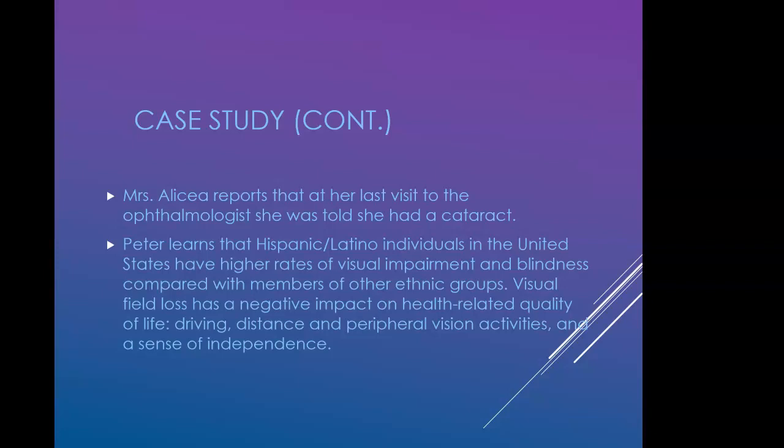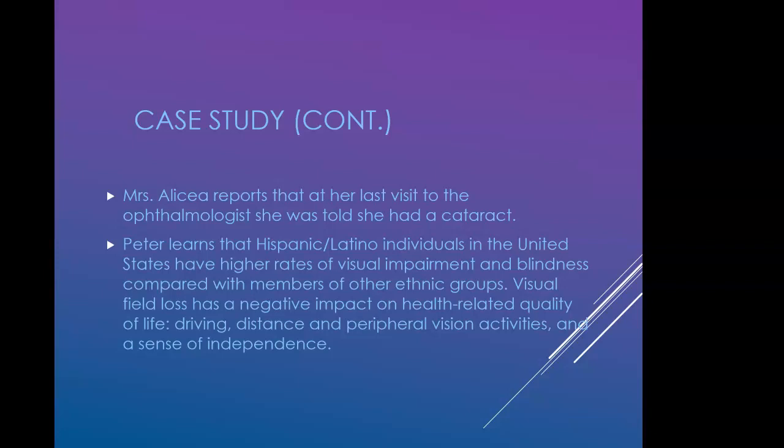So, what are some possible nursing assessment steps for Peter to use with Mrs. Alicia? Now, you can stop now and try to come up with some of your own. You could put it on pause.